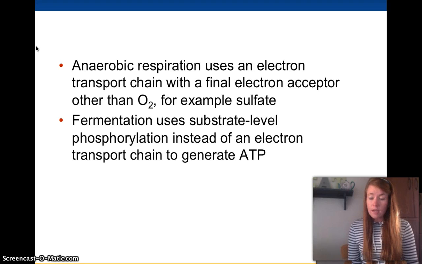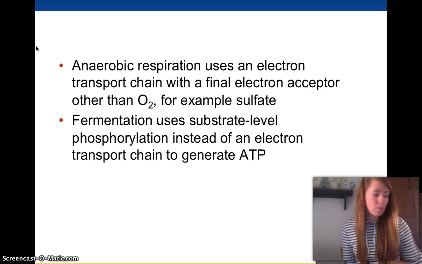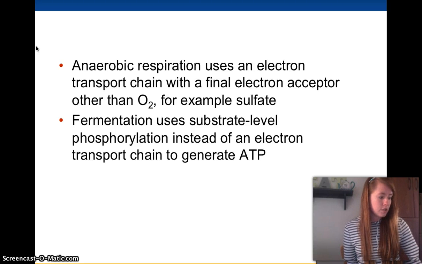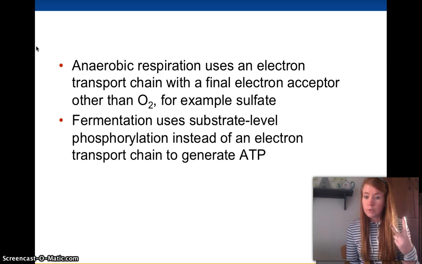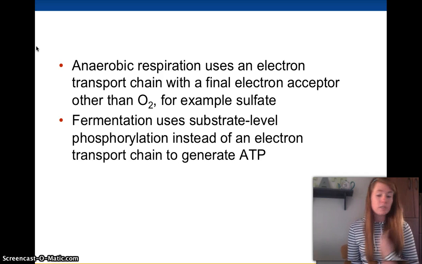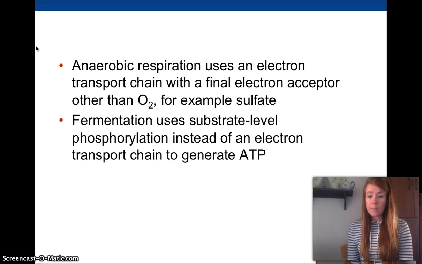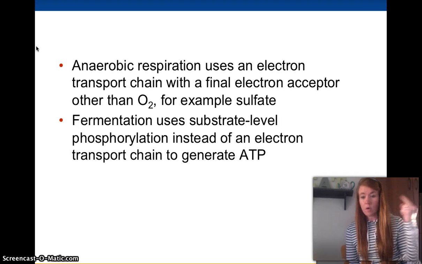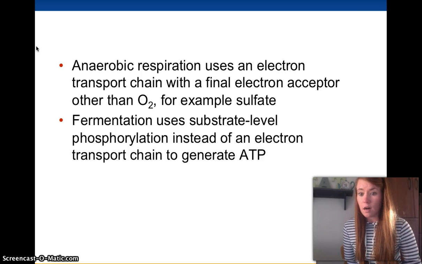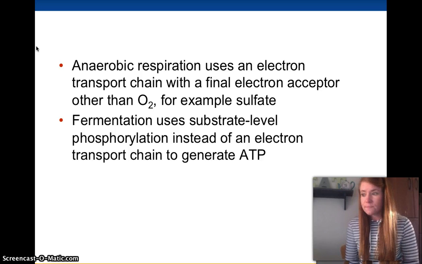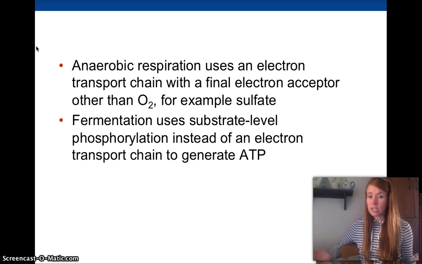In fermentation, the only ATP is made from glycolysis. So remember, like I just said, glycolysis gives us 2 ATP overall. 4 are made, but 2 are used, so overall 2. It gives us 2 NADH. So what happens is it just does glycolysis over and over and over again. But the problem is that we suddenly have all of these NADH molecules, and we don't have an electron transport chain to send them to.